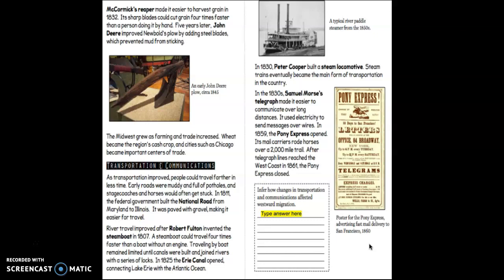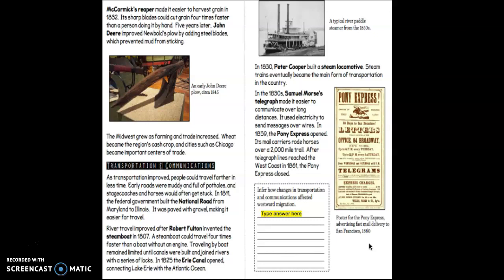Its sharp blades could cut grain 4 times faster than a person doing it by hand. 5 years later, John Deere improved Newbold's plow by adding steel blades, which prevented mud from sticking. And in the picture, you see an early John Deere plow around 1845.